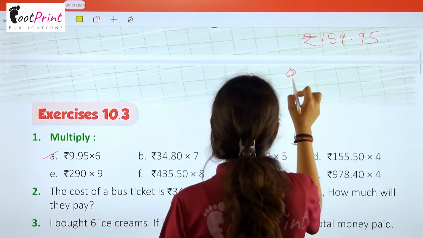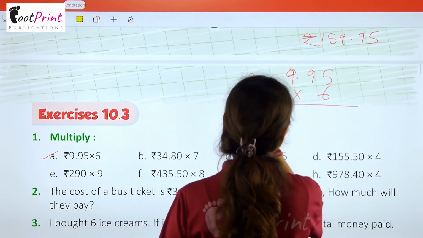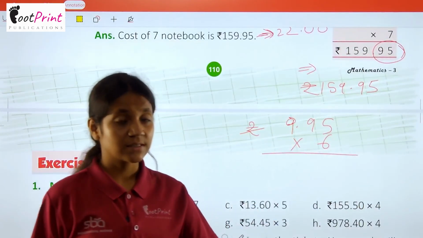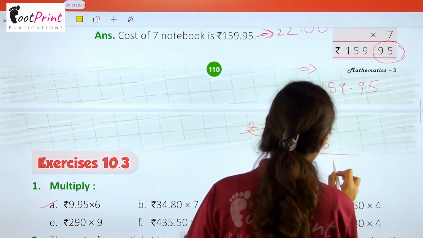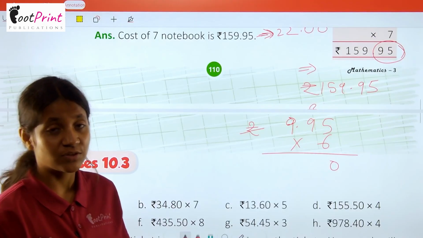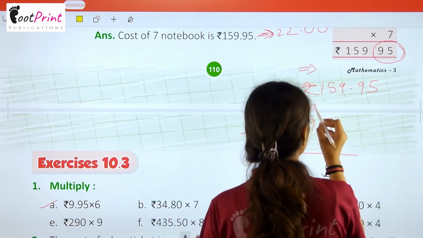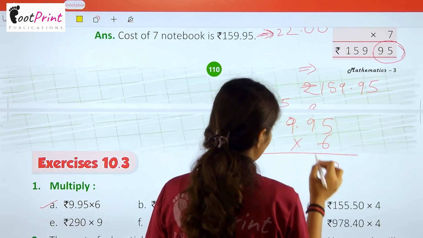Rupees 9.95 into 6. So, recite the table of 6 five times. Okay. So, 5 sixes are 30 and 9 sixes are 54, 54, 55, 56, 57. So, it will be 5 and 7.